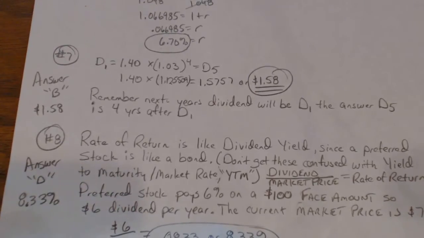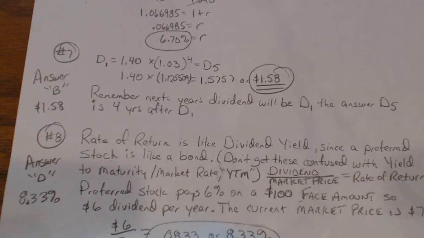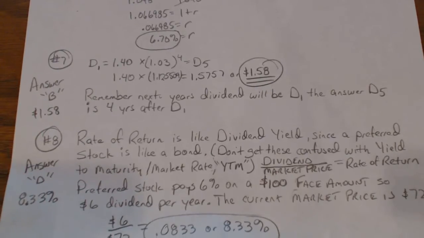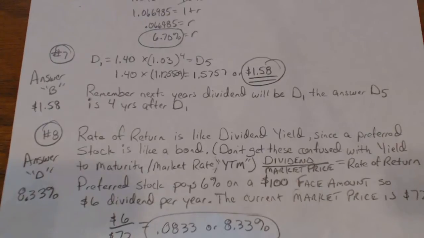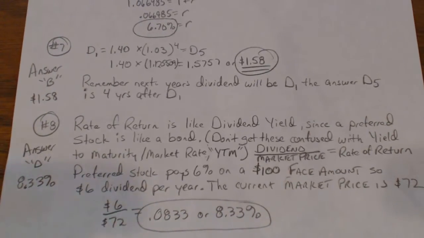Number 8, Golden Globe Inc. 6% preferred stock is selling for $72 a share, while par value is 100. Par value is always 100 unless they tell you differently. What is the rate of return on the stock? Okay, so you know that it's a 6% dividend on this stock.